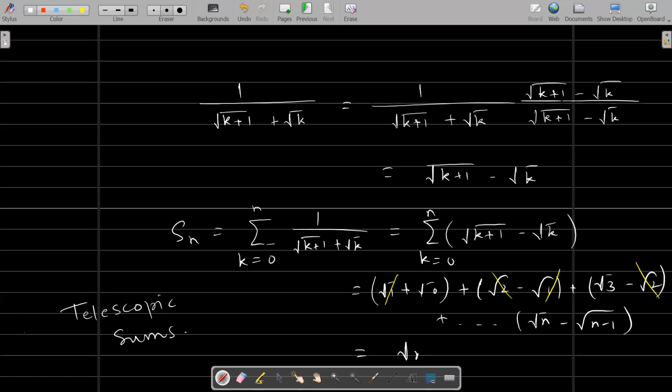So we get root n plus root 0, that is root n. Sorry, I think I made an error in the last term. Just a minute. When I put k equal to n, this is root n plus 1 minus root n, right?